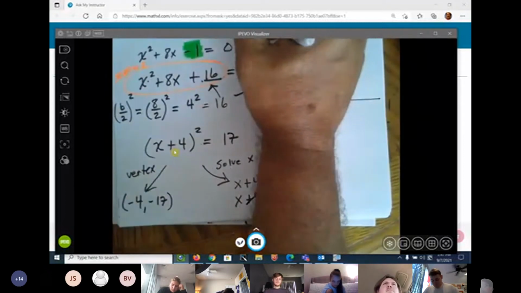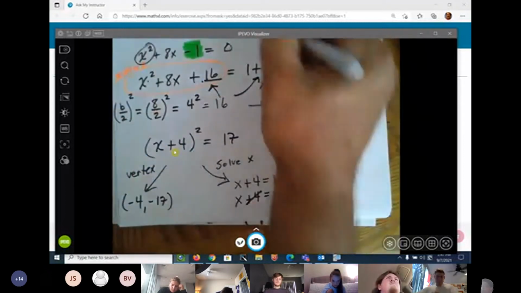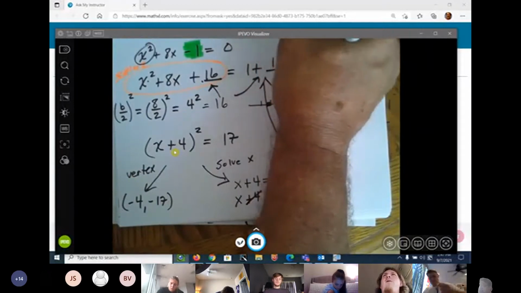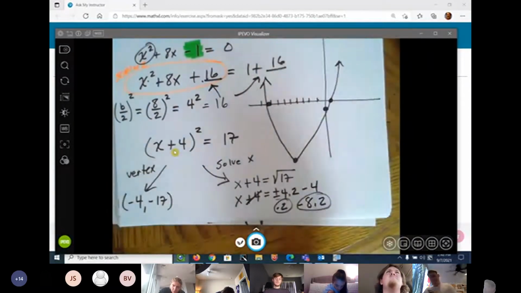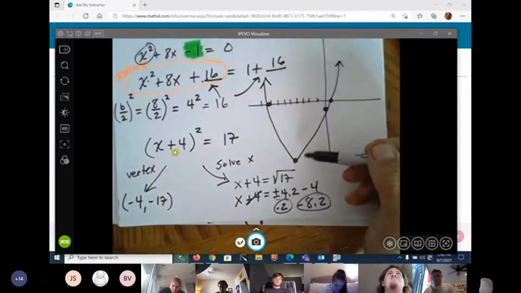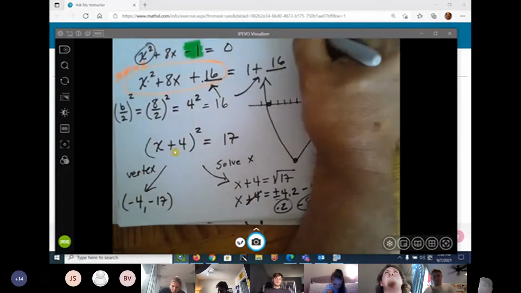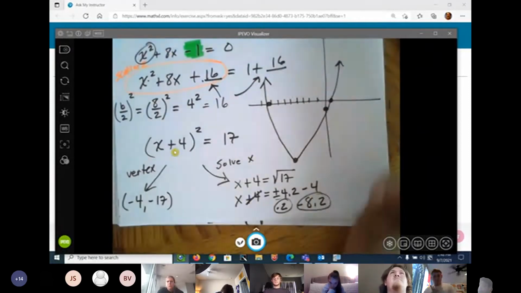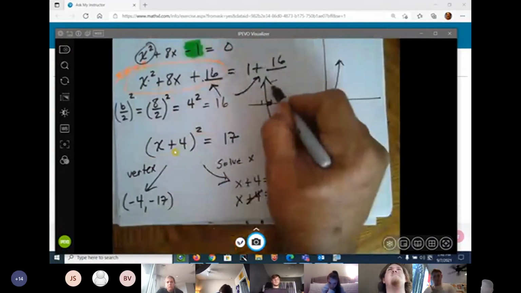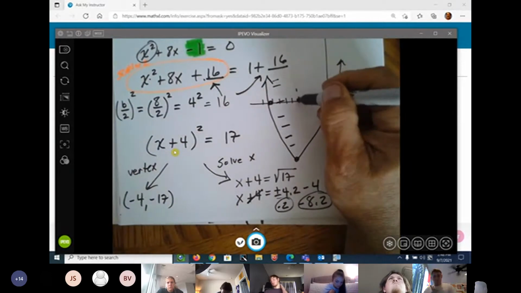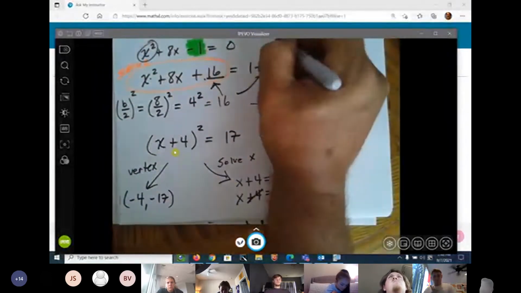So with all parabolas, since it's x to the second power, the domain is all real numbers. Range is from -17 to infinity.